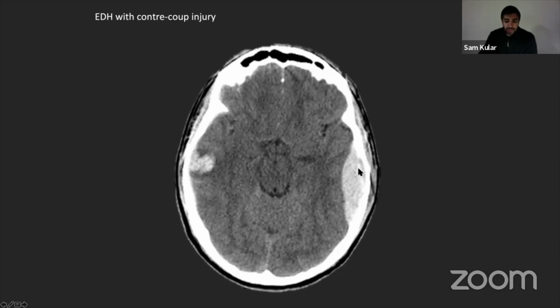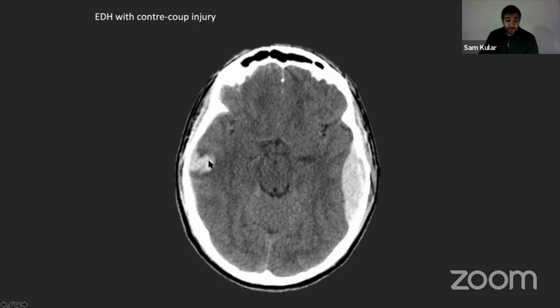And so when we get an injury to the left side, the brain will slosh around in the CSF, and essentially it will get smashed against the opposite side of the skull. So we'll see an injury on the opposite side as the brain's been moved and rattled, and it's gone off to hit the other side of the skull with the impact.